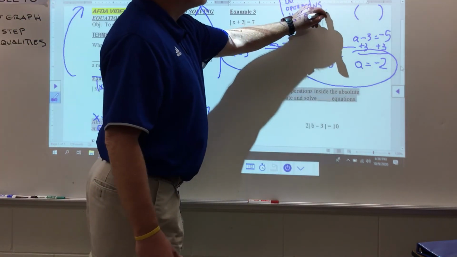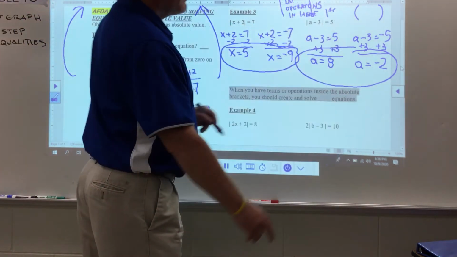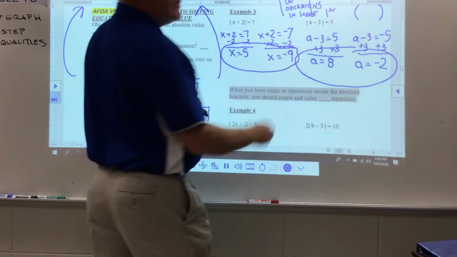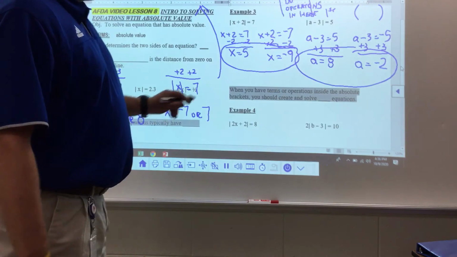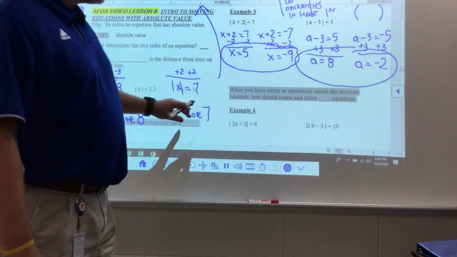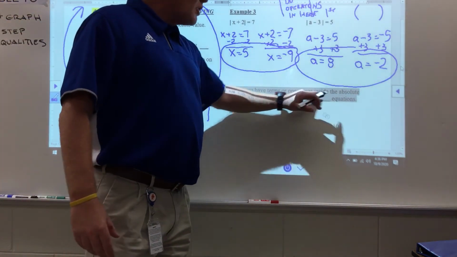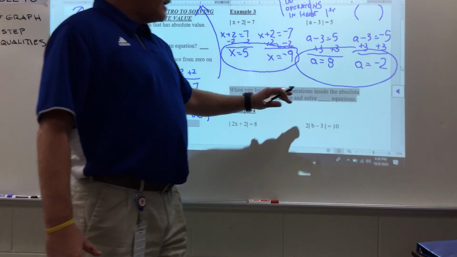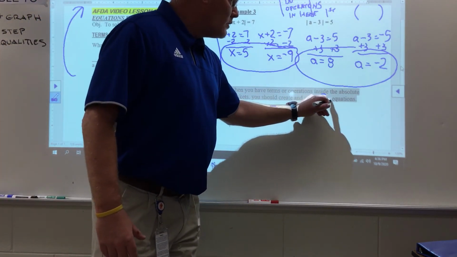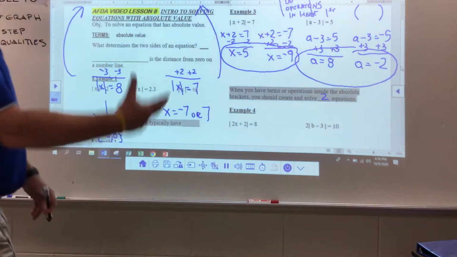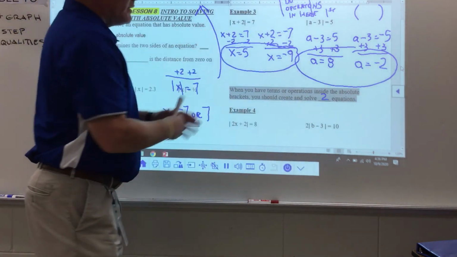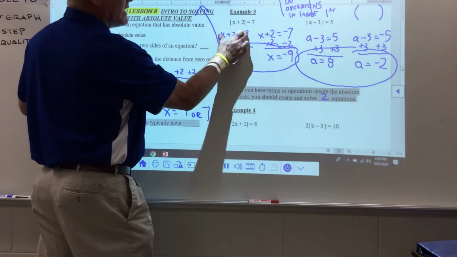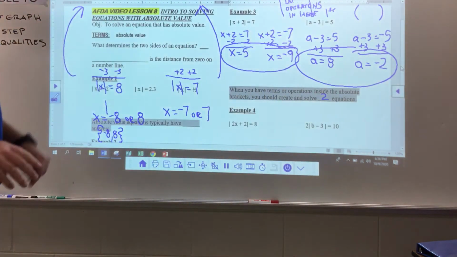See what happens? We did -2 minus 3, got -5, then we take the absolute value of it. So when you have terms or operations inside the absolute value brackets, you should create and solve 2 equations. That's what we did right here. We split, and it doesn't matter which one you do first. You put -7 on that side and 7 on that side if you wanted to solve it that way.